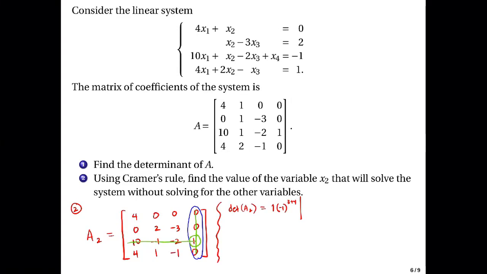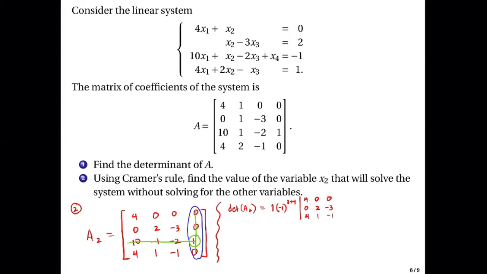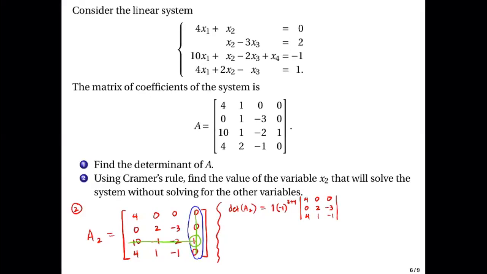The submatrix left is 4, 0, 0, then 0, 2, negative 3, then 4, 1, negative 1. Questions so far?